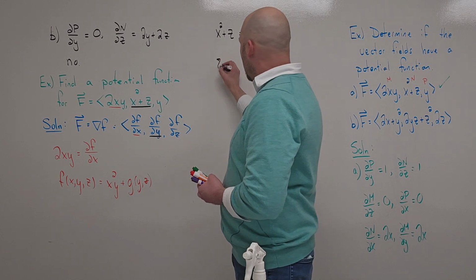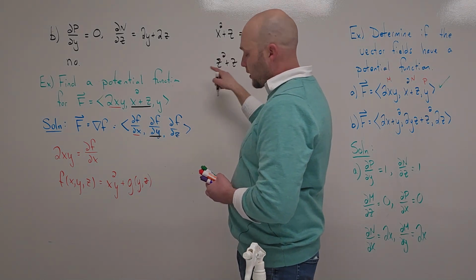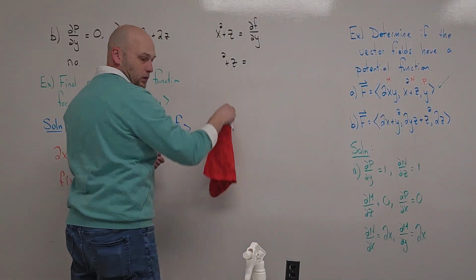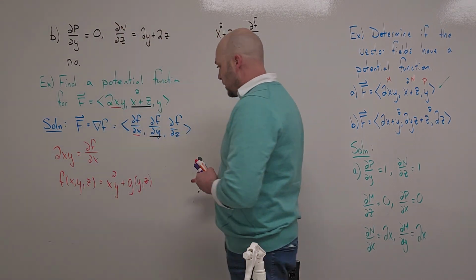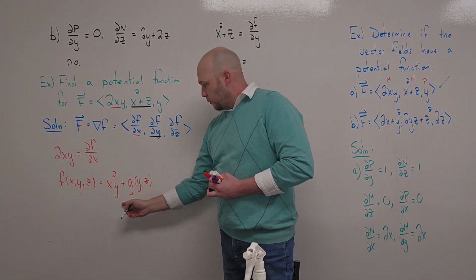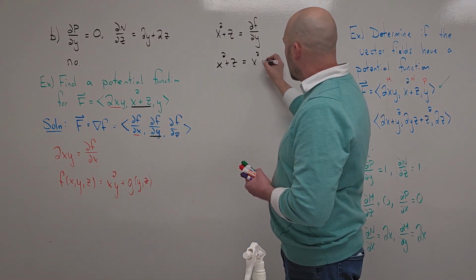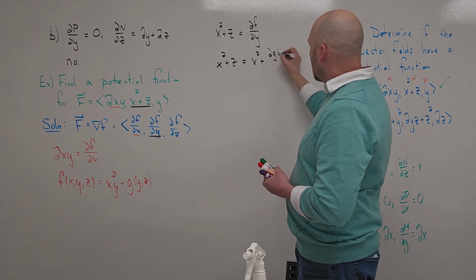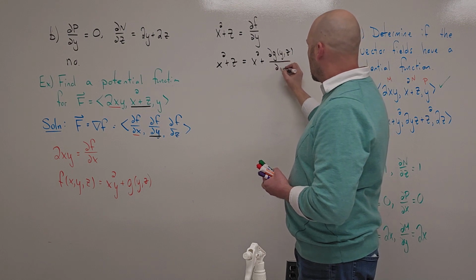So that says that x squared plus z is, oh, sorry, that's supposed to be x squared. So x squared plus z is the partial derivative of this with respect to y, which would be x squared plus the partial derivative of g. Remember, that's a function of y and z, with respect to y.